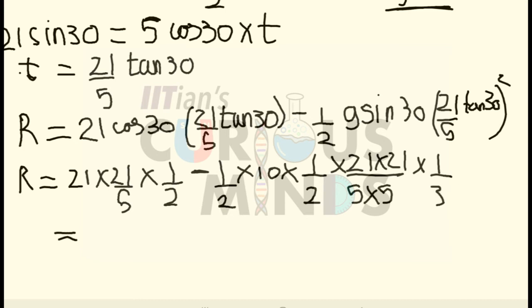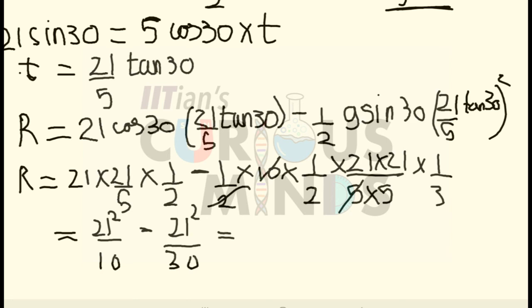Minus this, which will get cancelled out. So 2 into 5 is equal to 21 into 21, which is 21 square divided by 30. If I take 21 square common, it will be 3 minus 1, which is equal to 2 divided by 30, which is 21 divided by 3, equal to 7.